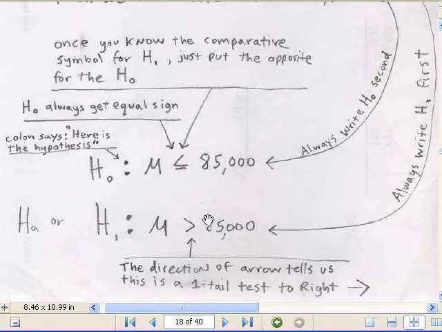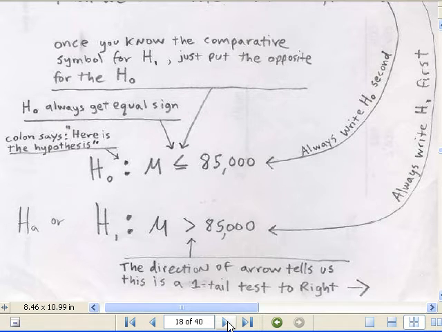So this comparative operator comes from the researcher statement, and we say greater than. Then, once you have this one, it's pretty much done. Here's why: you just take this, flip it around, so the less than is that way, and the equal sign always goes in the null hypothesis, the original statement. So that really is the trick that helps you set up null and alternative.